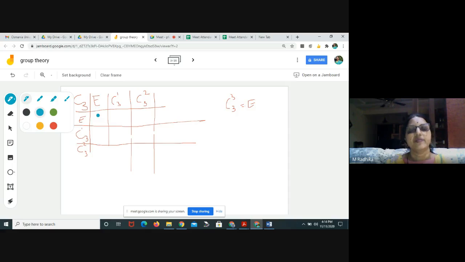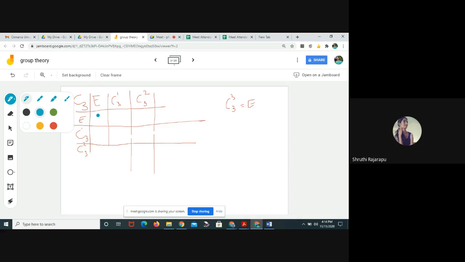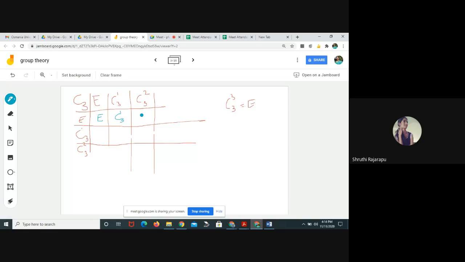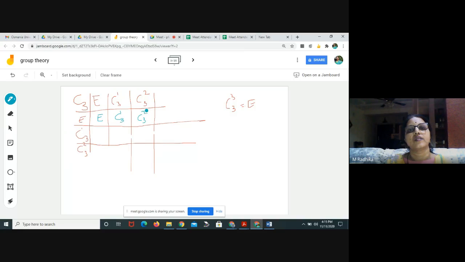So what happens here? E into E will be identity. E multiplied by C31 is C3. Anything multiplied by identity will be the same thing, right? Same element. Identity is like 1 multiplied by 1. Here also I will get C31, and C32.